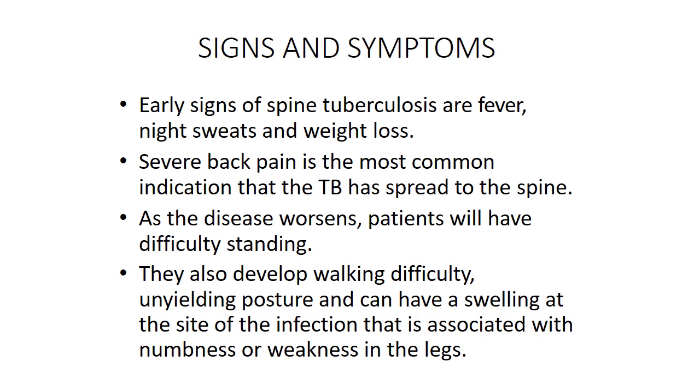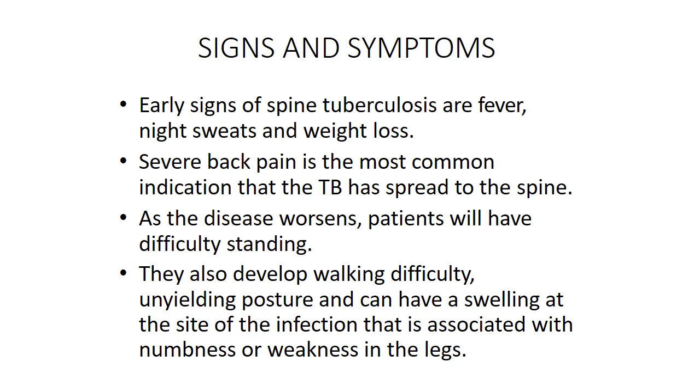So they develop walking difficulty and unyielding postures, and they can also have swelling at the site of infection. As we have already told you, spinal tuberculosis, if it remains untreated, will form kyphosis.